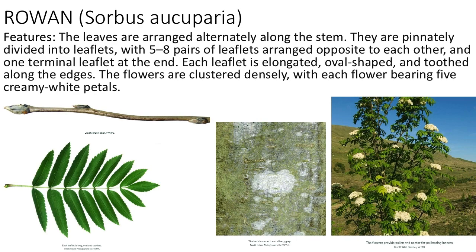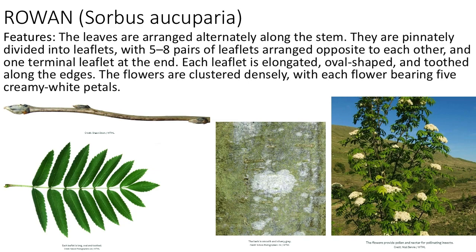Their bark has this smooth grey, silvery grey appearance, and the leaf buds are kind of this purple grey hairy bud. You can just see that in the top left picture there. The leaves are arranged alternately along the stem.